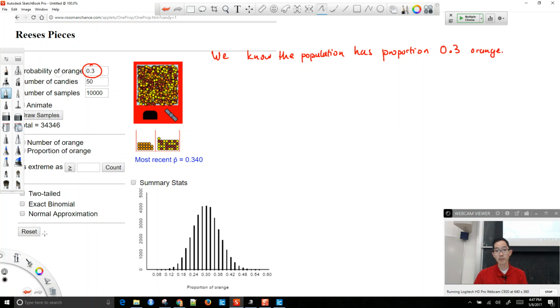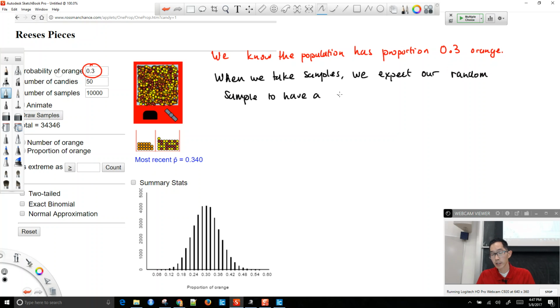And so when we take samples, we expect our random sample to have a proportion p hat that is close to 0.3, but not necessarily exactly. It could be 0.3, but it's not necessarily.